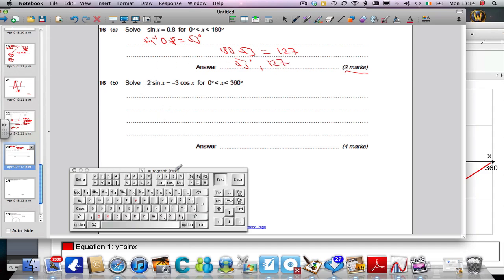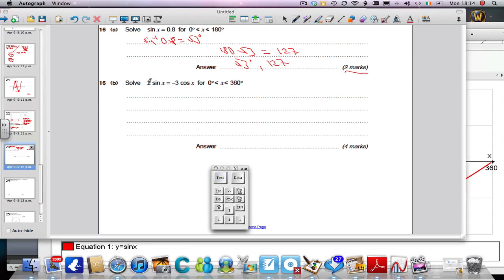Okay, this one's a little bit trickier. We're asked to solve this equation between 0 and 360. We have sine x and cos x. I don't like having sine and cos in the same equation, so what I'm going to do is divide both sides by cosine of x.